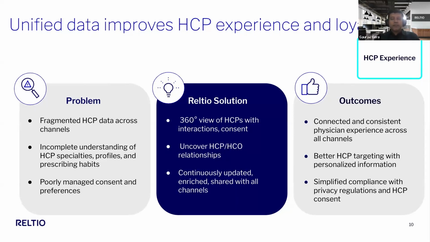So the first thing that people try to solve for is having the right kind of data for their physicians, their affiliations, and the other information around specialties, and whether or not they have the right licenses to prescribe certain medicines. That is something that needs to be taken care of.